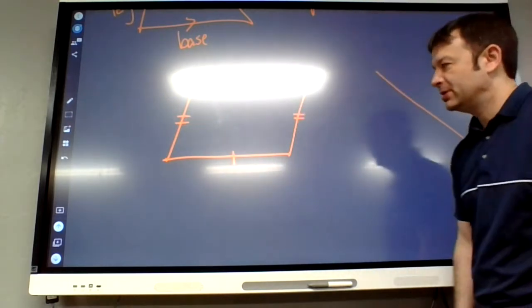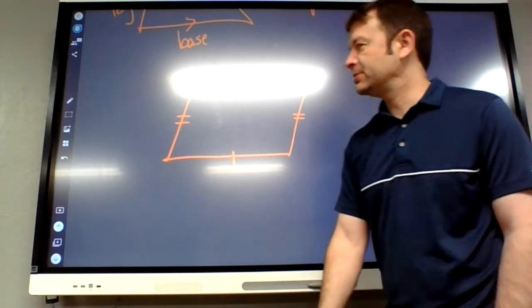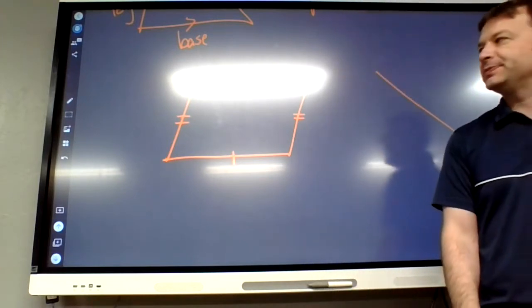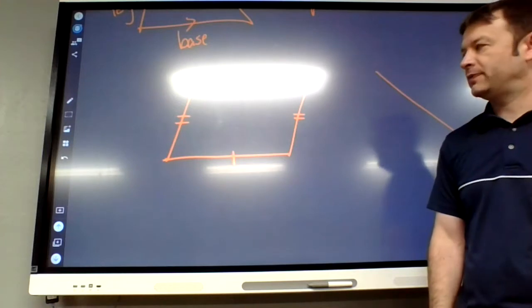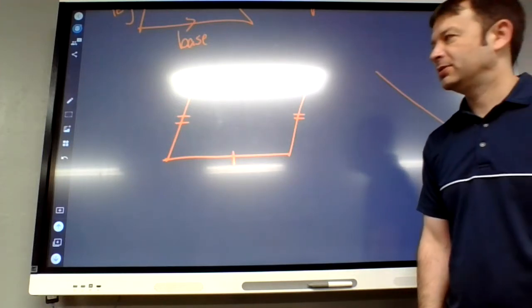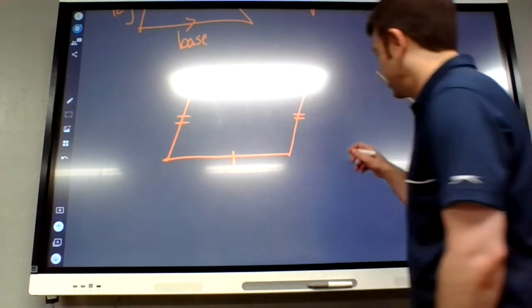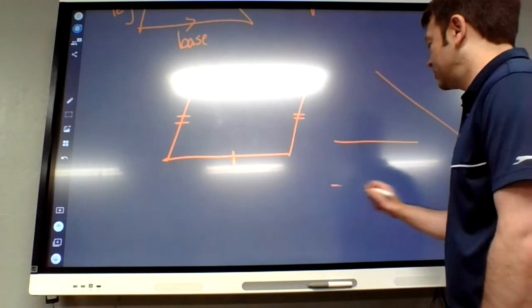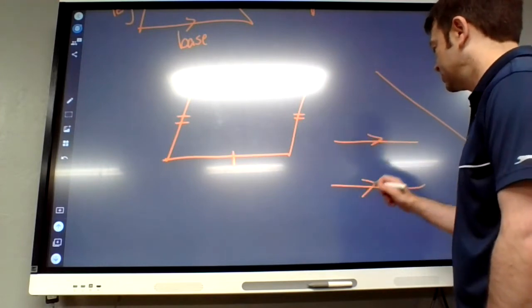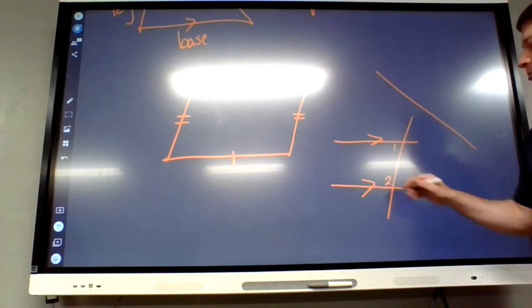That's rule number one. How about angles? What do you think we can say about the angles? They're all the same? No, definitely not. They're all different? No. Also not. Two of them are the same, the others are the same. Okay. Once upon a time, we talked about parallel lines. And if you have a transversal, do you know what we called angles 1 and 2?